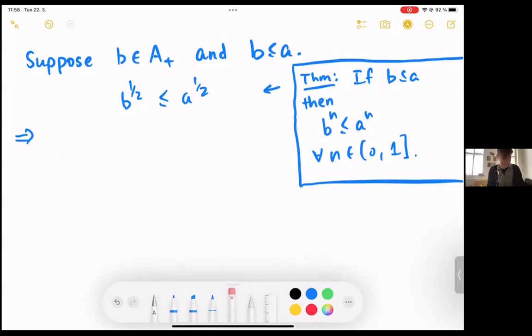Okay, let's stick with a half. And maybe we don't even need a half. All right, this theorem is still true though.